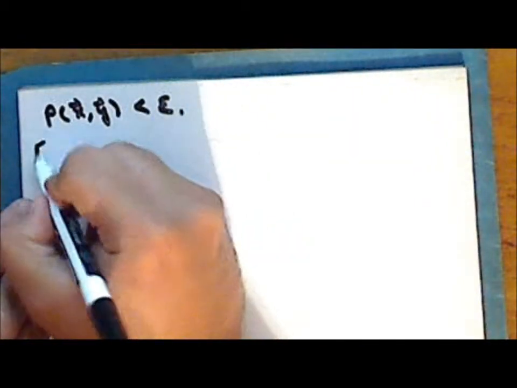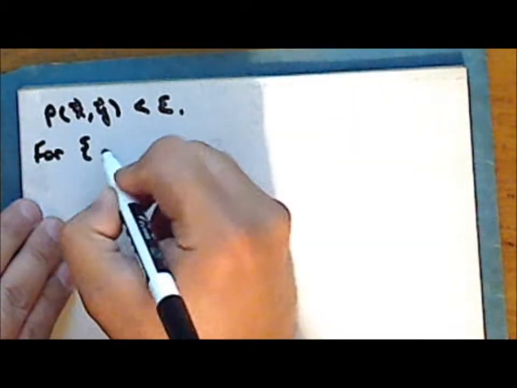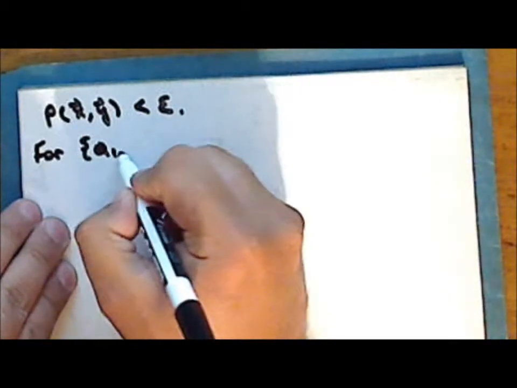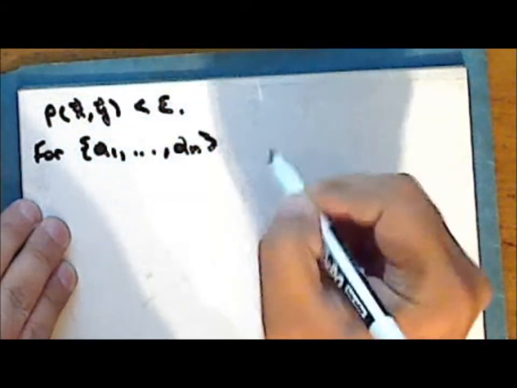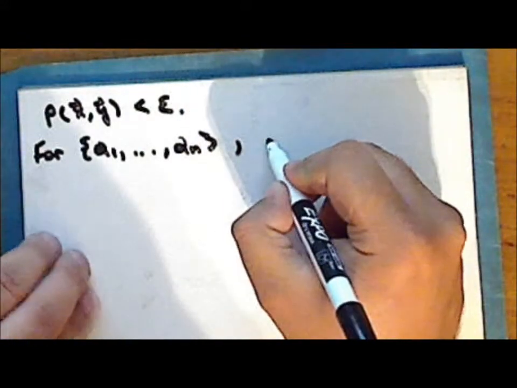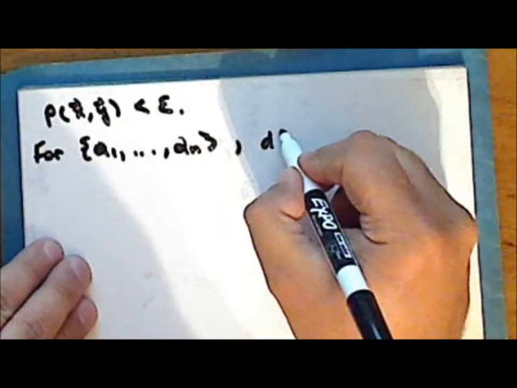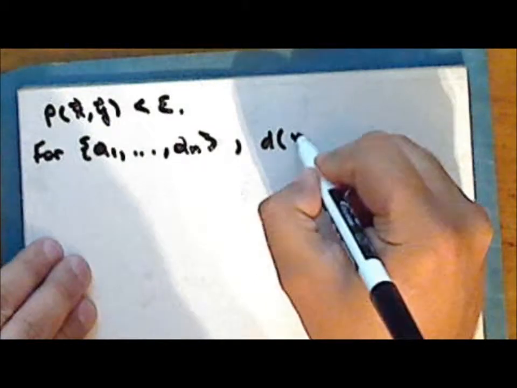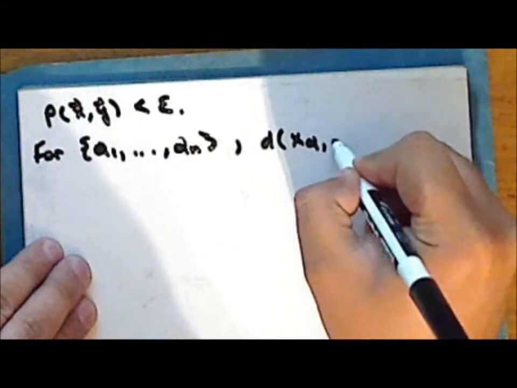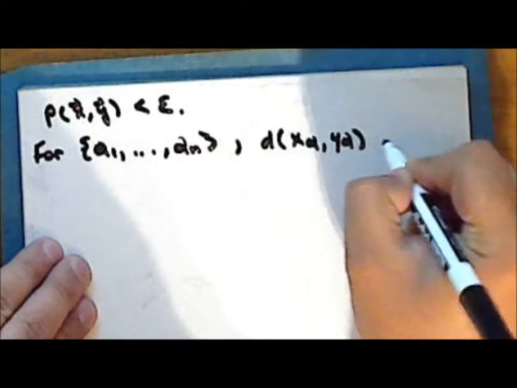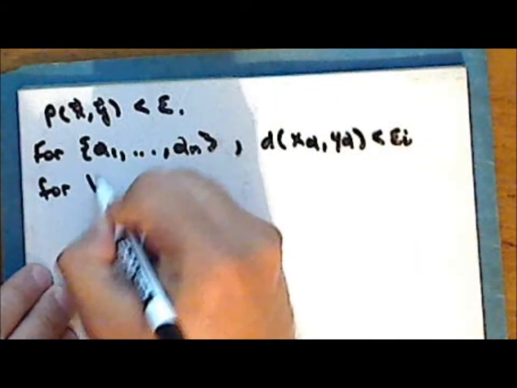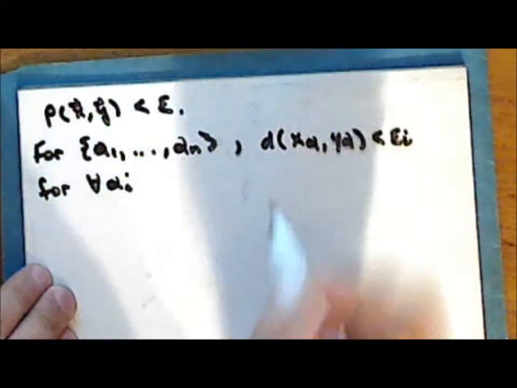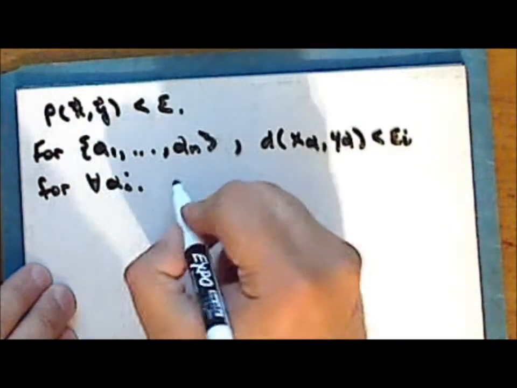So for those values of the indices alpha 1 through alpha n, we have that the distance in the standard bounded metric between the coordinate x sub alpha and y sub alpha is less than epsilon sub i for each of these values alpha i.